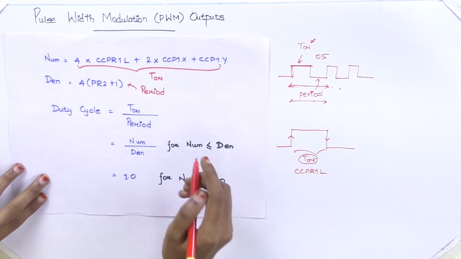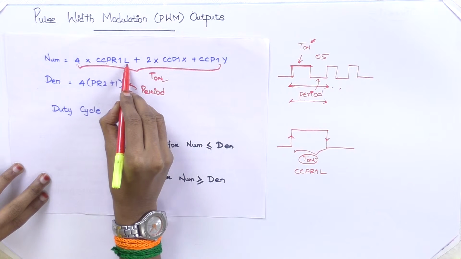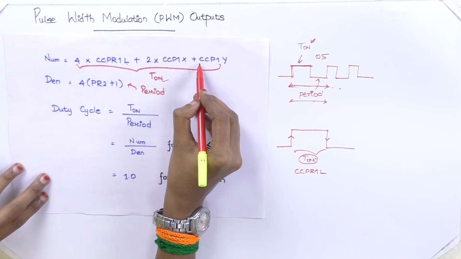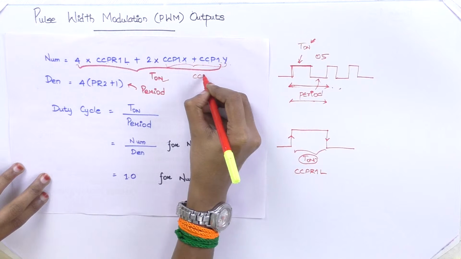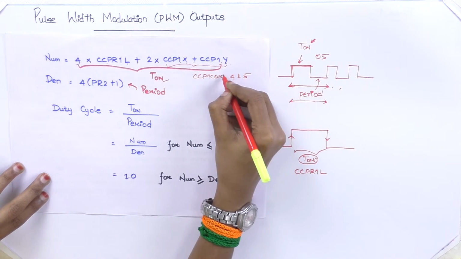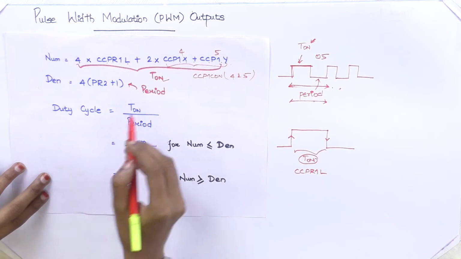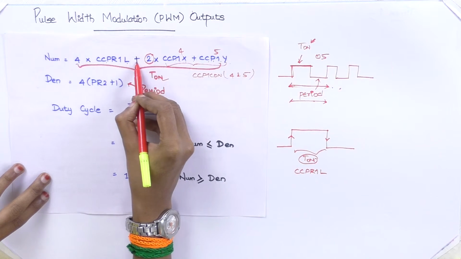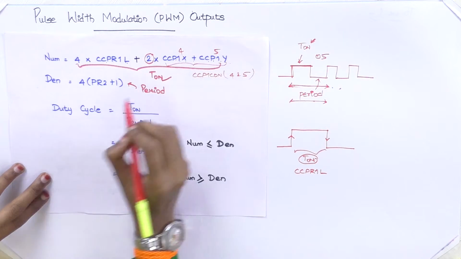Then the T on period is given by 4 into CCPR1L plus 2 into CCP1X plus CCP1Y. These two bits are bit number 4 and bit number 5 of the CCP1CON register, as we have seen. The value in these bits is multiplied by 2, plus CCPR1L into 4, which gives us the T on period.